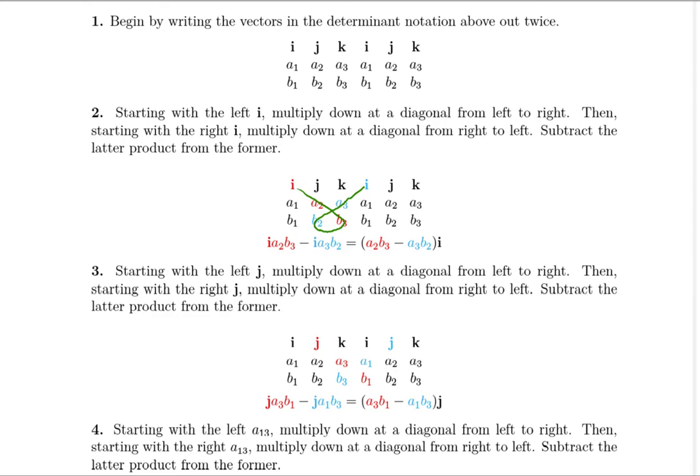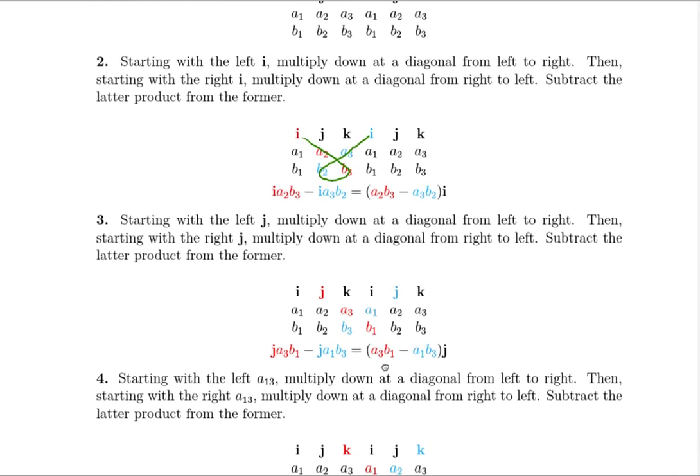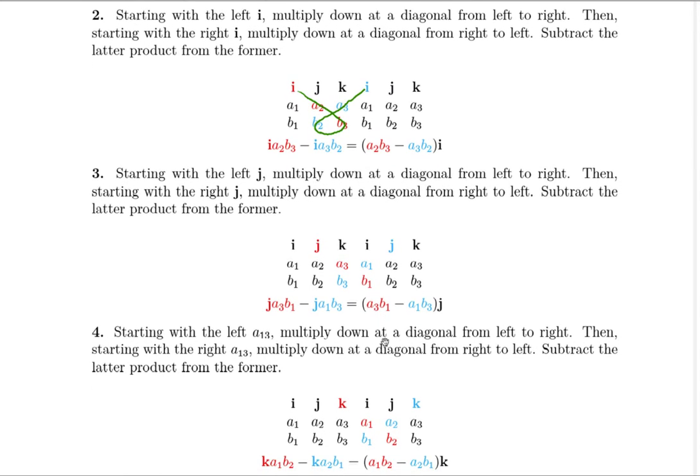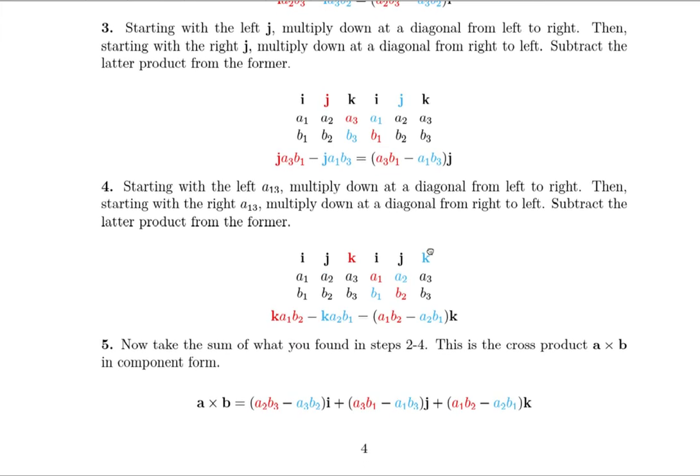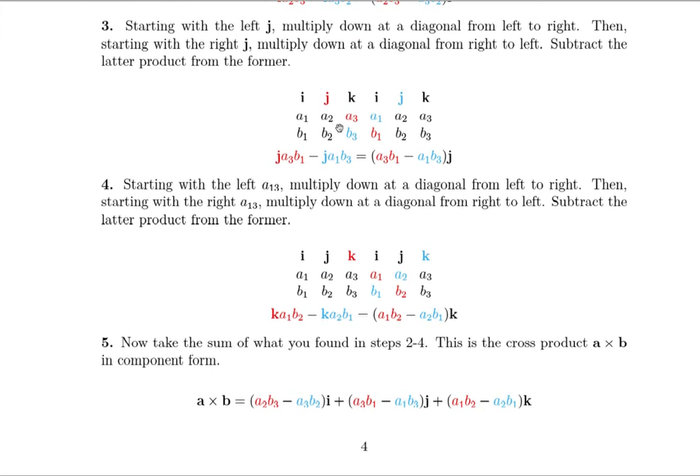When it's time to do your j component, you do the same thing, but you connect up your j's with your spaghetti noodle. So j, a3, b1, connected up to b3, a1, j, and you put a minus sign between the reds and the blues there.